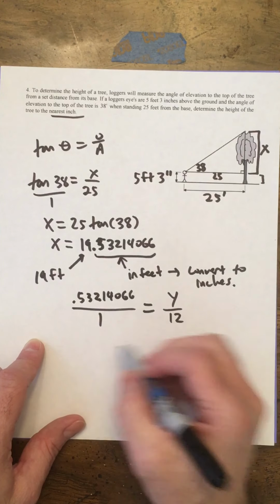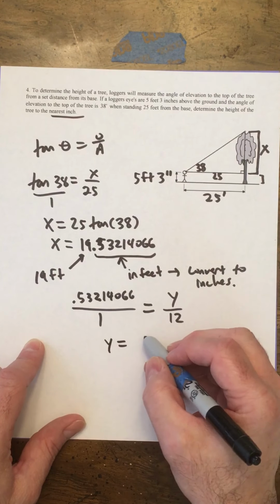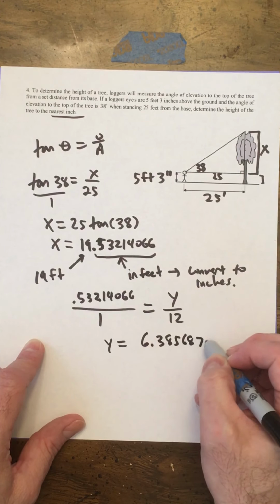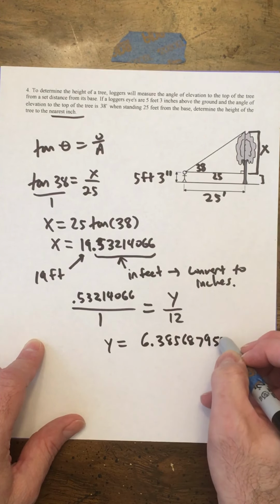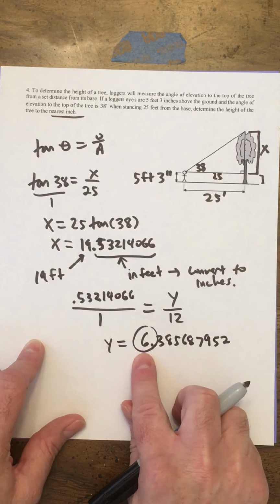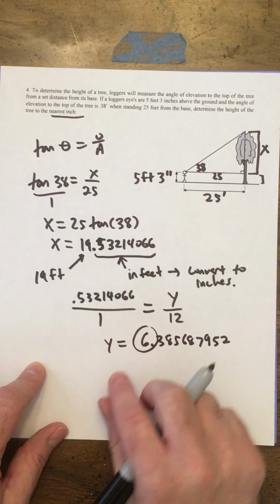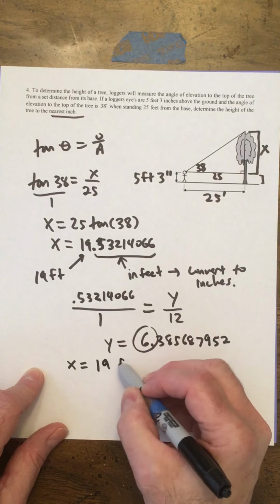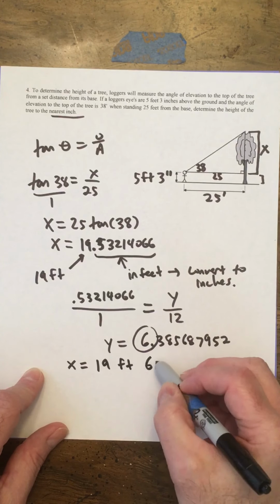Cross multiply this and we get y equals 6.385687952. To the nearest inch, it's going to be 6 inches after all, right? So what we get is the x value is actually 19 feet and 6 inches.